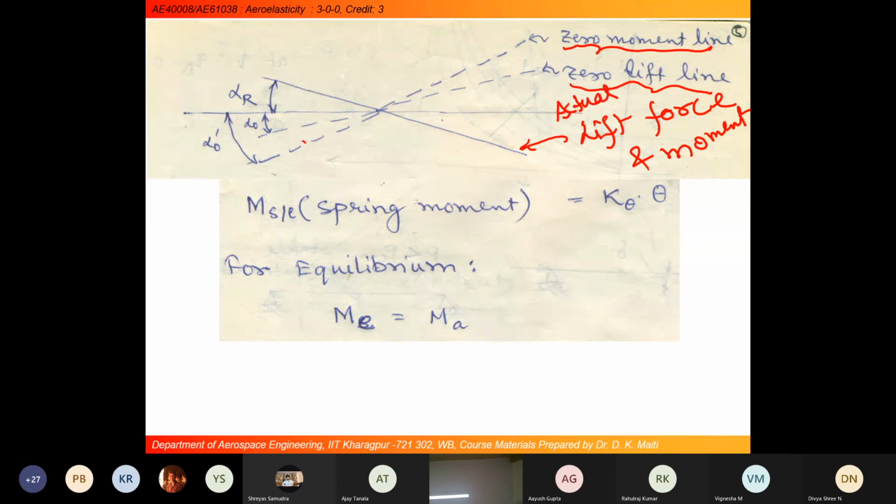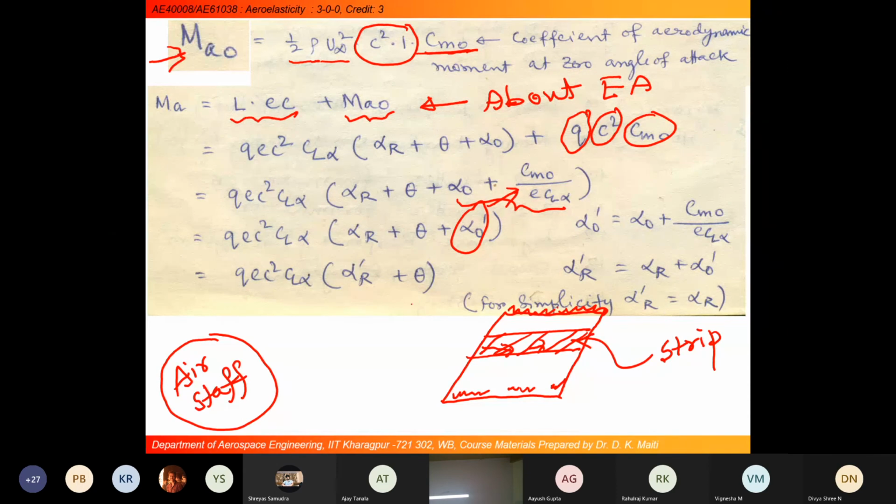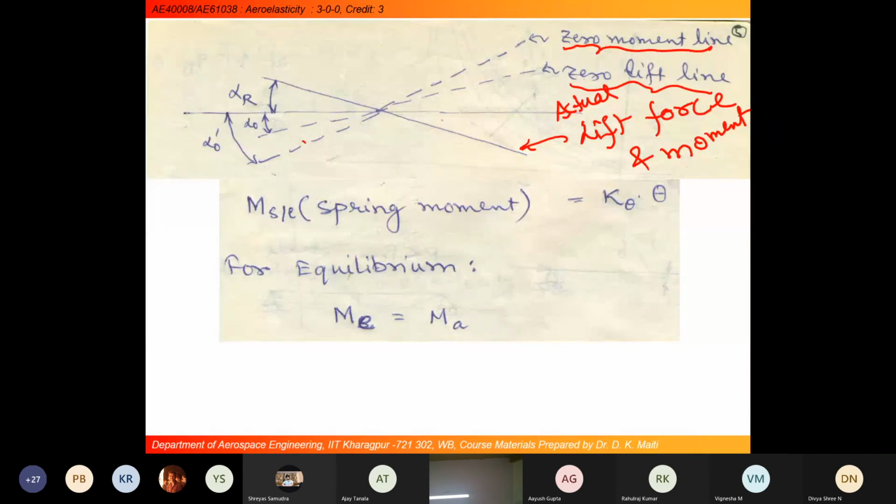With respect to this angle of attack, whatever actual lift force and moments act on the aircraft, that we are considering in our aeroelastic analysis. So I have calculated the aerodynamic moment, and now I come to the spring force. The spring will have a stiffness. Though it is a structure with a distributed elastic system, I am considering an equivalent spring to consider only one mode, the torsional mode.